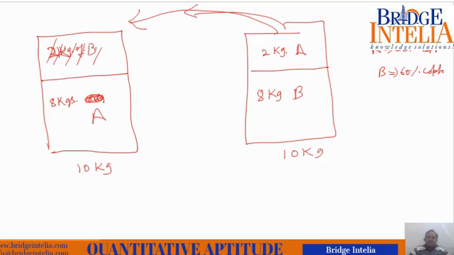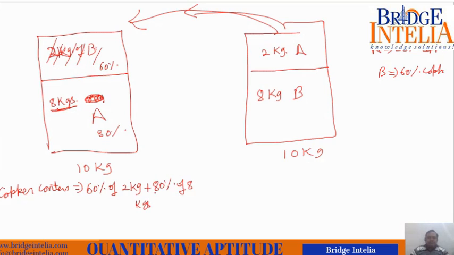This 2 kg is of B, so it contains 60% copper, and this 8 kg contains 80% copper. So the copper content here is 60% of 2 kgs plus 80% of 8 kgs.